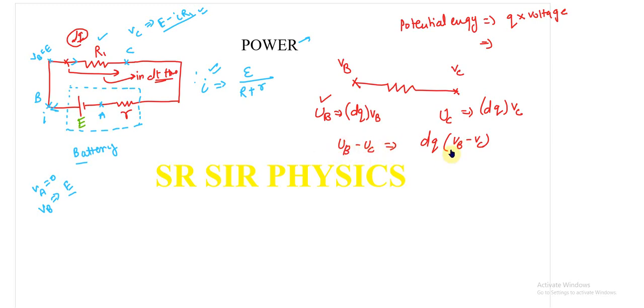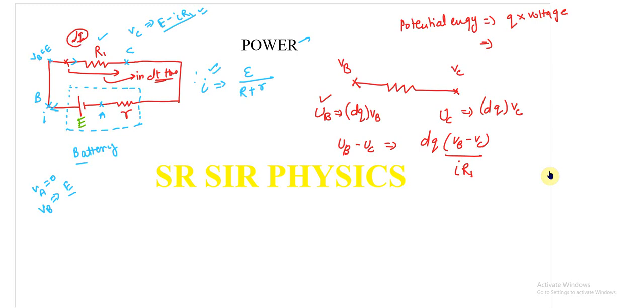Because the potential of VB was E and the potential of VC was E minus IR, so there was a drop. If we calculate the value VB minus VC from here, we get this value as IR1.